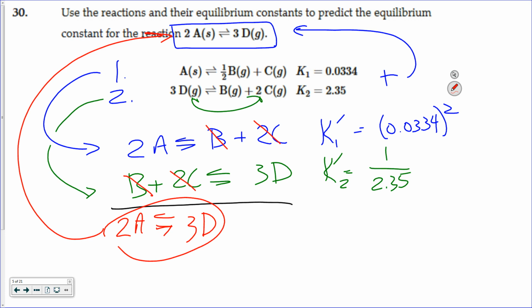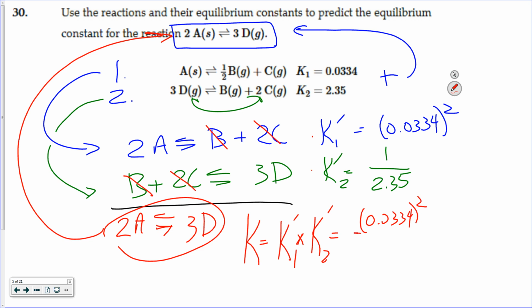That's what I'm looking for. So the K value for it is just the product of these two K's multiplied together. So it would equal K prime 1 times K prime 2, which would just be 0.0334 squared divided by 0.235.